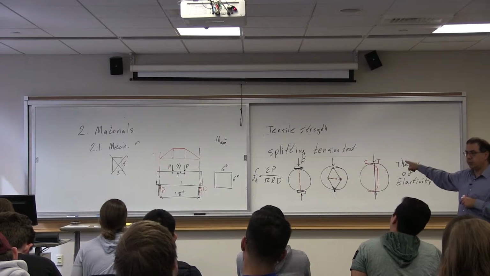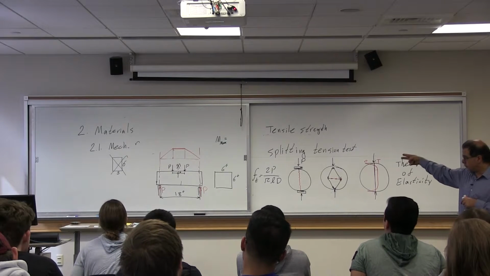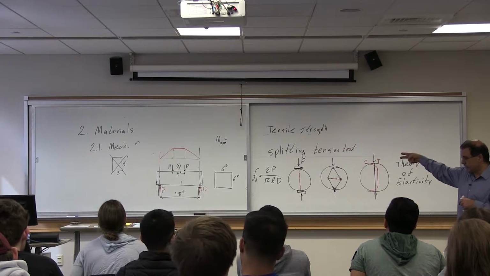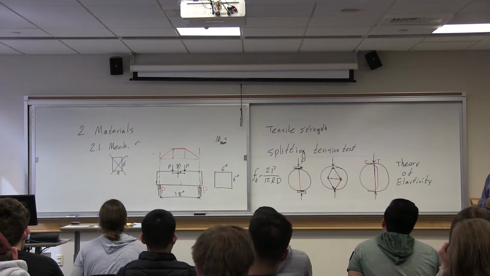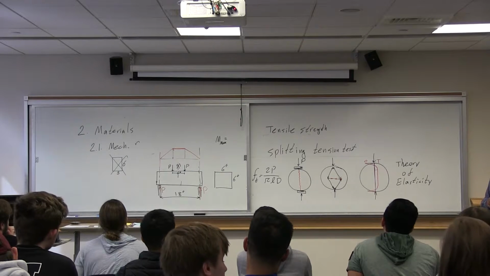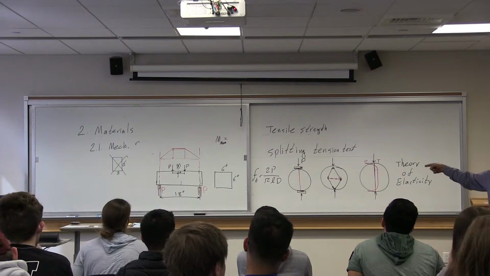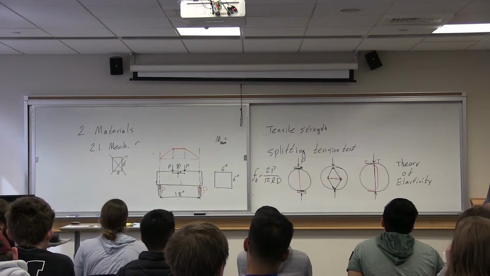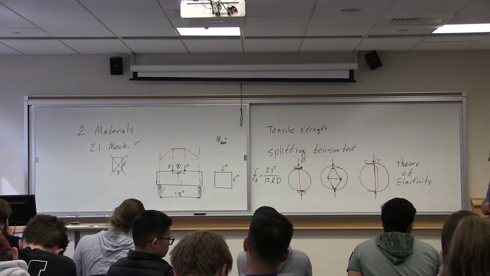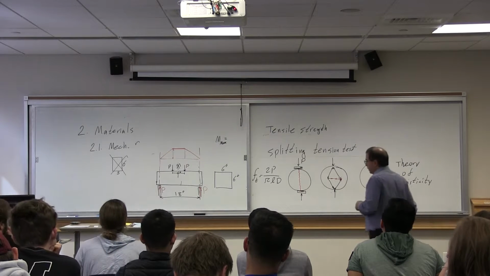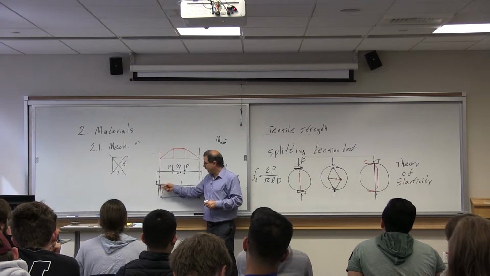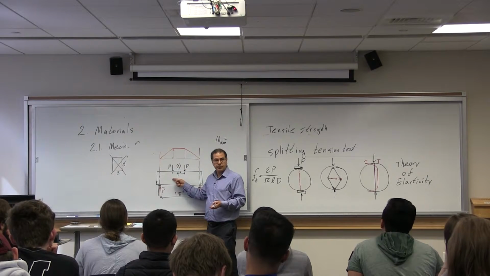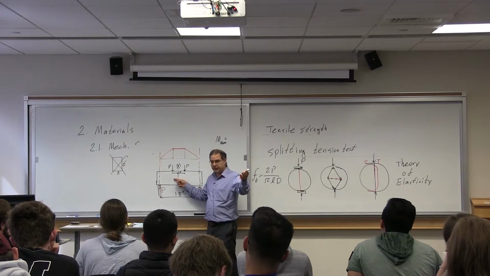With what you see on the board, can you just make a statement as to what the moment is there? Is it PL over 3? Based on what you see there, what did you want to say? No. Why? The moment here is this reaction times this distance. Correct? So that's what you said, PL over 3, based on this.